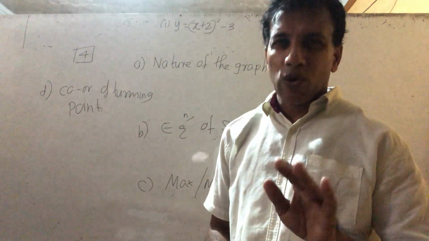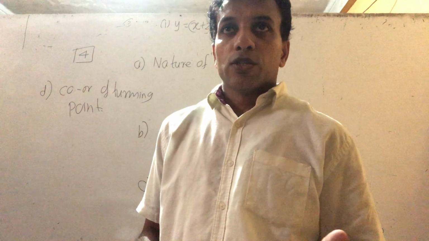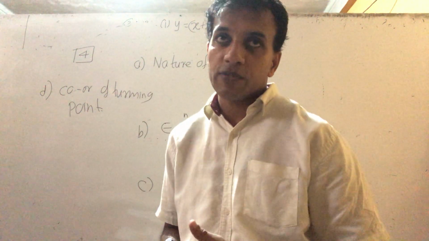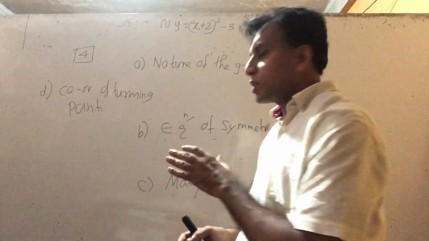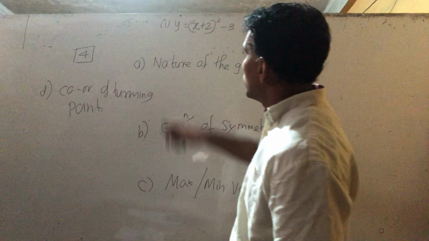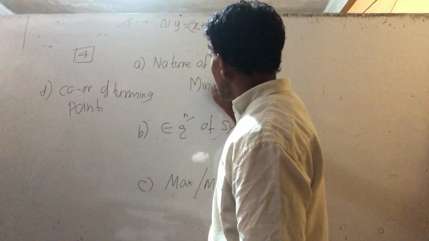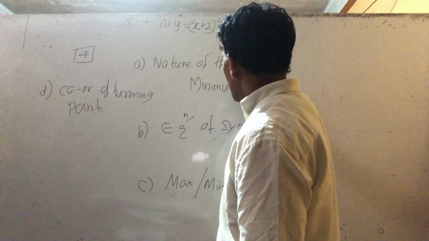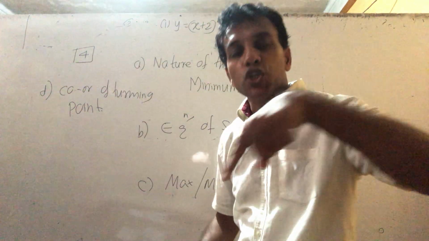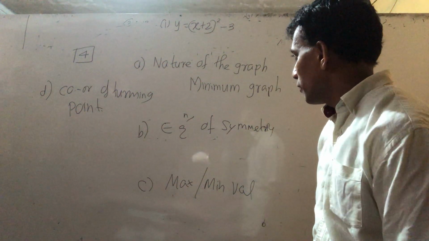At advanced level we have many properties to provide, but at O level it is enough to say minimum curve. So minimum graph, minimum shape or minimum curve is the nature of the graph.